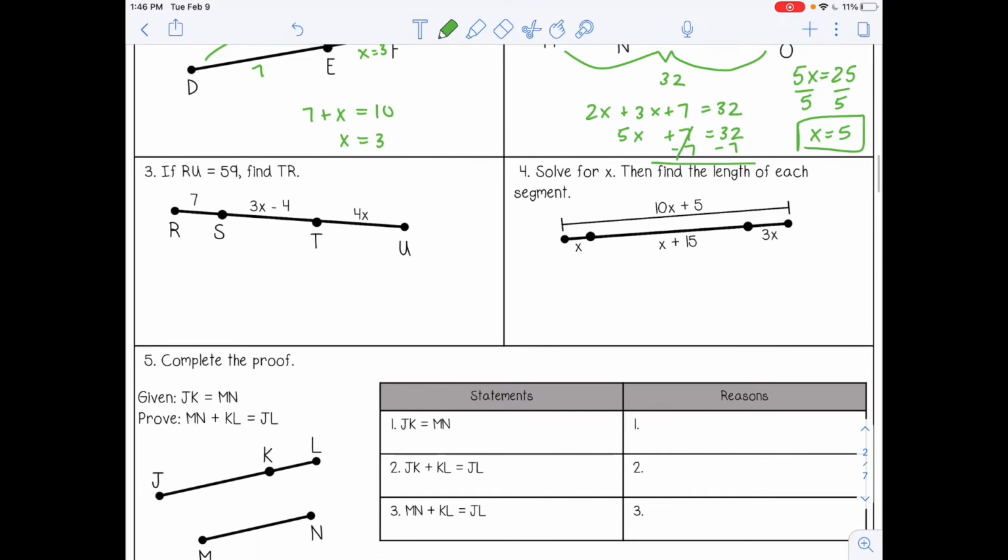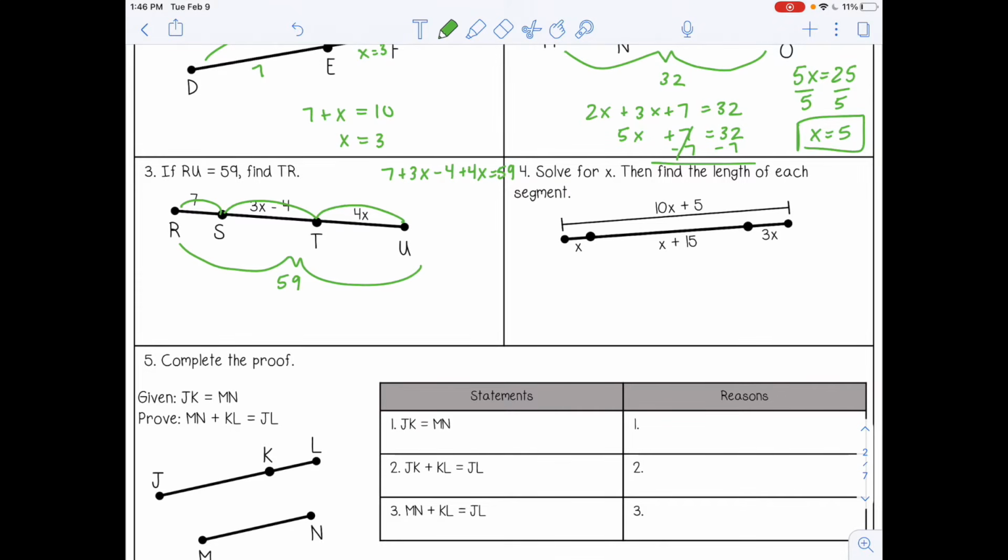All right, number 3, if RU equals 59, so the whole line segment is 59, we want to find the length of TR. So we know that 7 plus 3x minus 4 plus 4x equals 59. So basically these three. It works for multiple segments too. It doesn't just have to be 2.